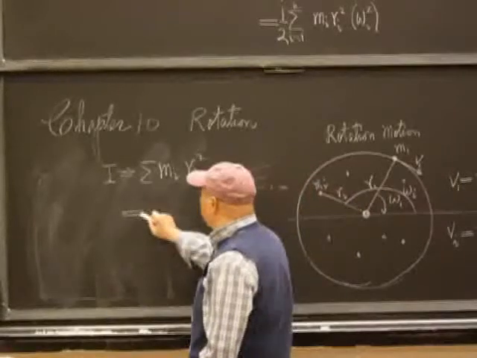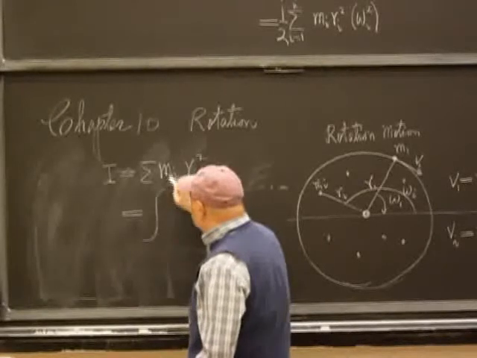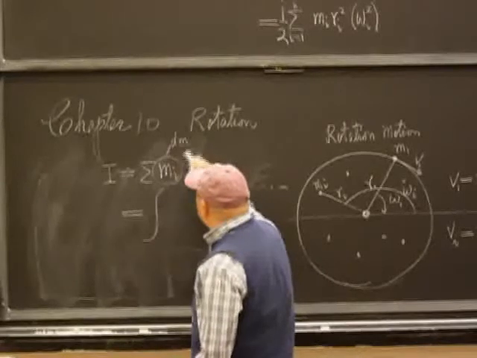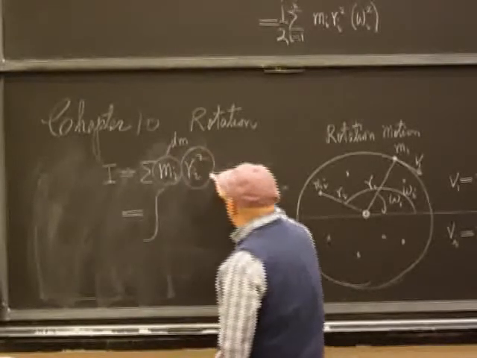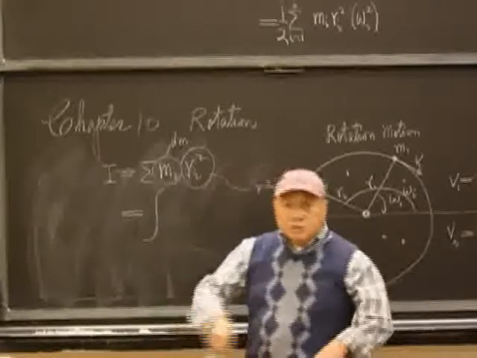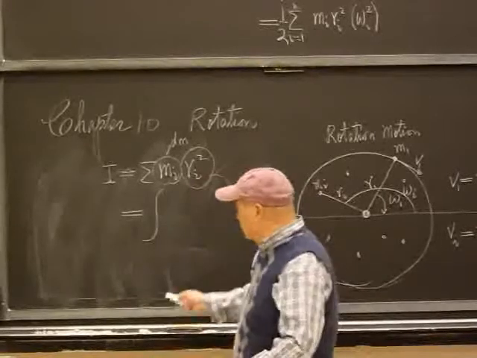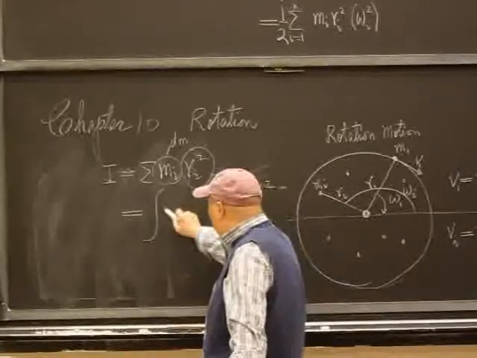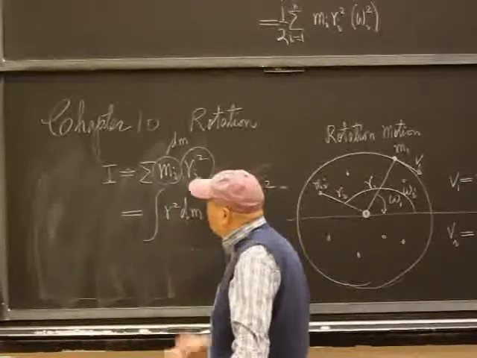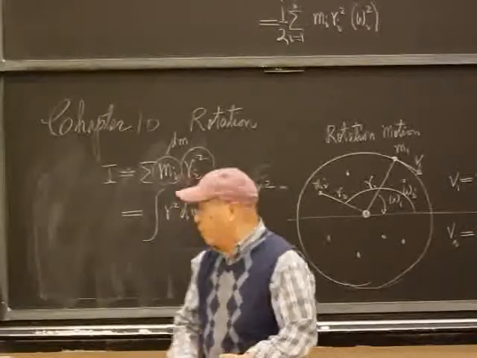In terms of integration, Mi will become dm and Ri squared stays. So for an irregular or regular object, we do r squared dm. That is the formula for calculation of moment of inertia.